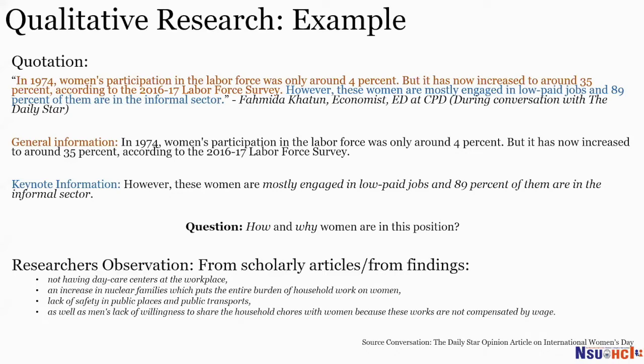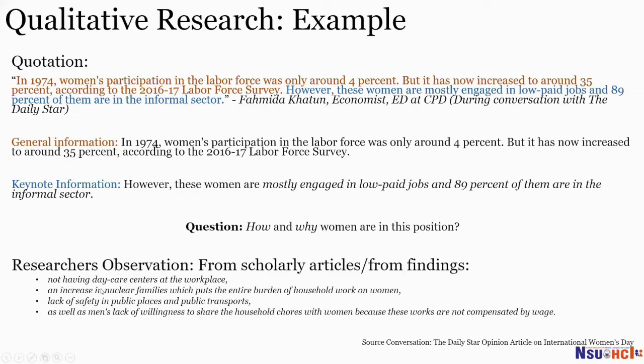I should emphasize more on this keynote information, because I want to know why and how women are in this position. Through this observation, I got some findings from that particular source. I put a few key points here, you can see the 4 key points.